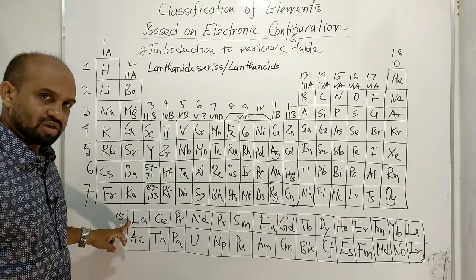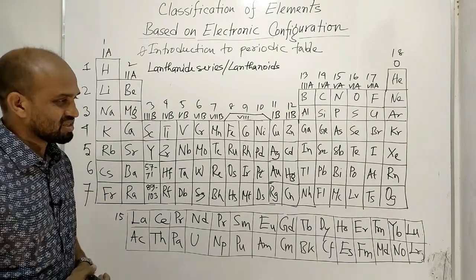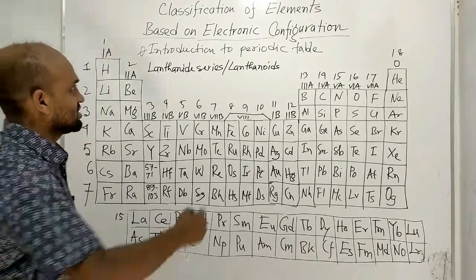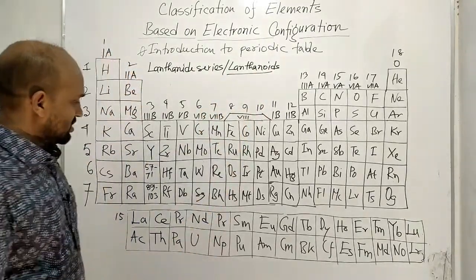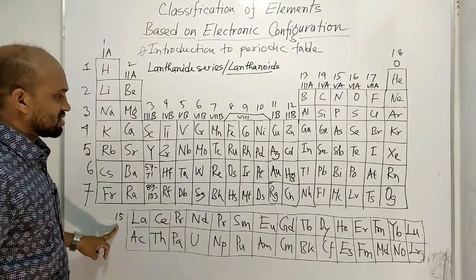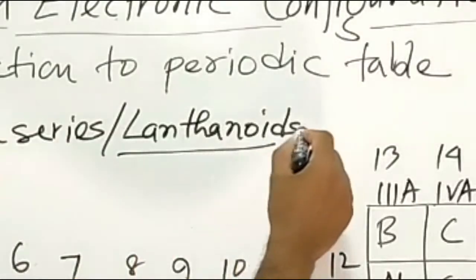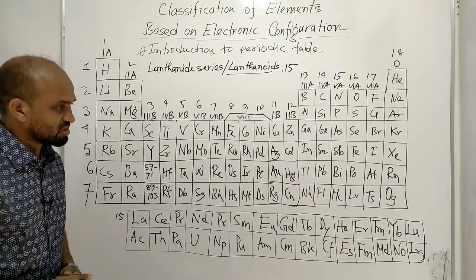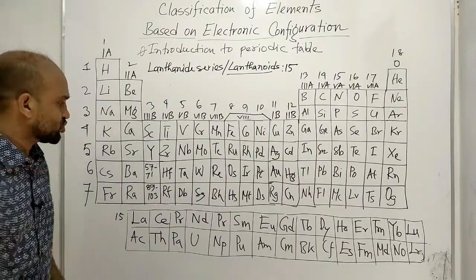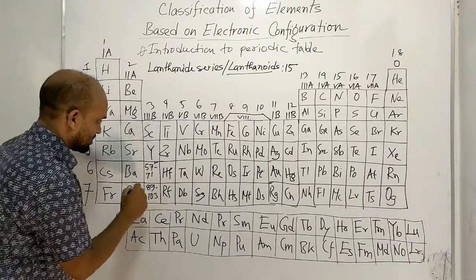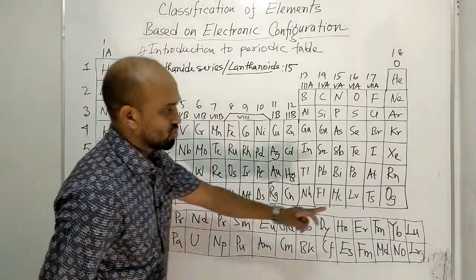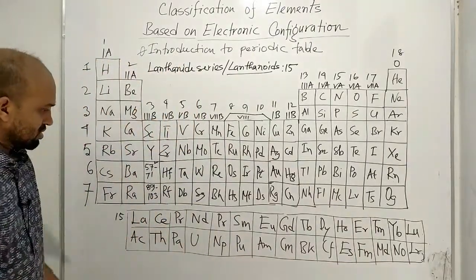According to the lanthanum, this series is named lanthanide series, and its another name is lanthanoids. And in this series there are total 15 elements present. These 15 elements are supposed to be in this place, that is atomic numbers lanthanum 57 to lutetium 71.